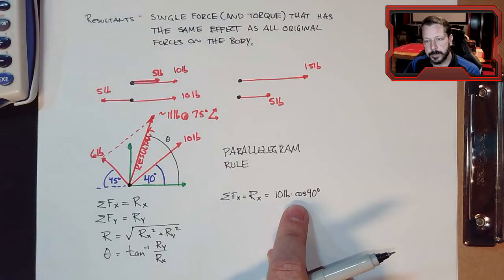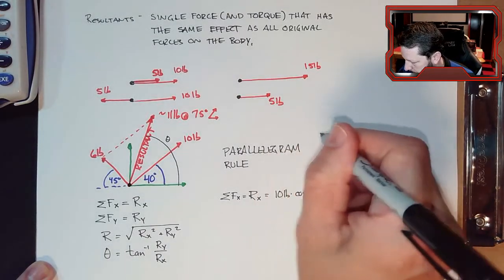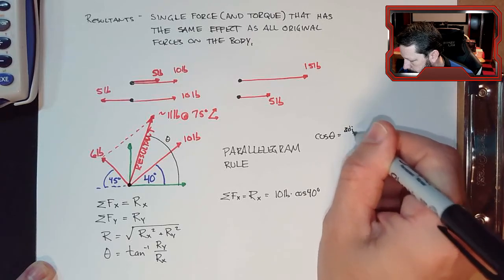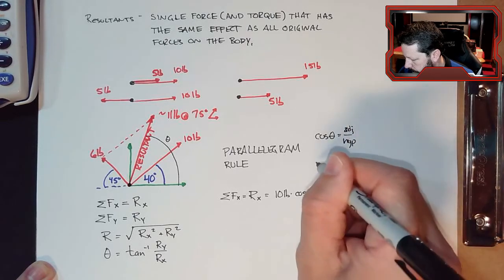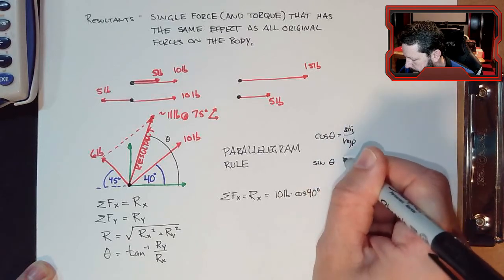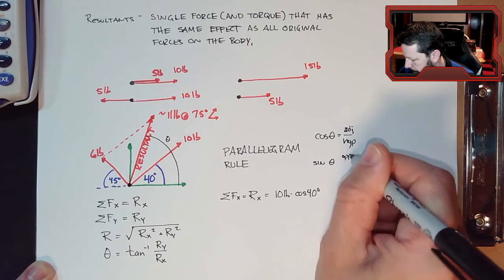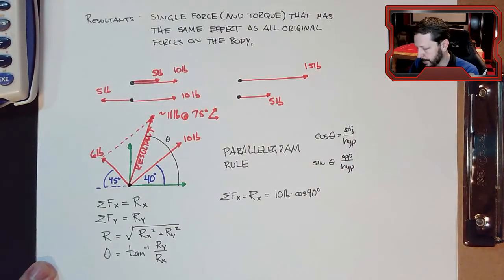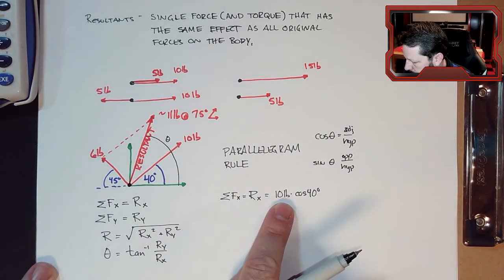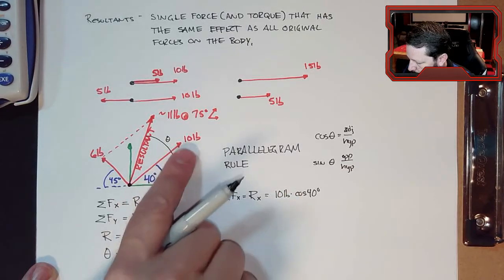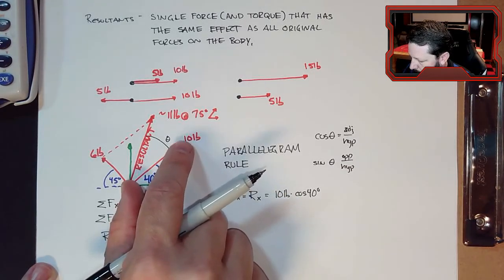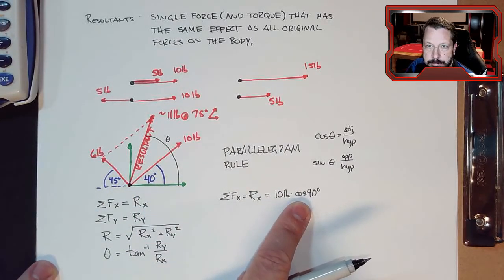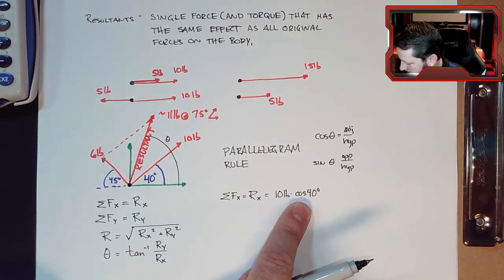So remember right here, all I'm doing is remembering that cosine of theta is equal to the adjacent side over the hypotenuse. In a minute, we'll need sine of theta being the opposite side over the hypotenuse. So we're just remembering those from last time. So this is the x component of this 10 pounds. If I were to project this 10 pounds down to the x-axis, the vector would be that long.